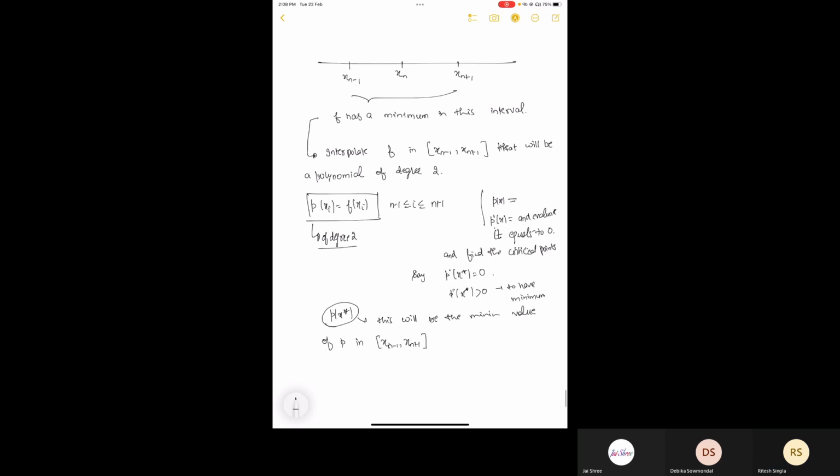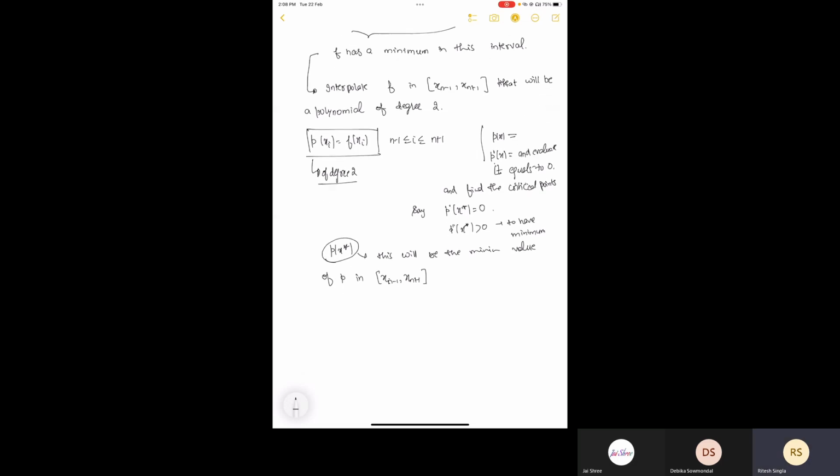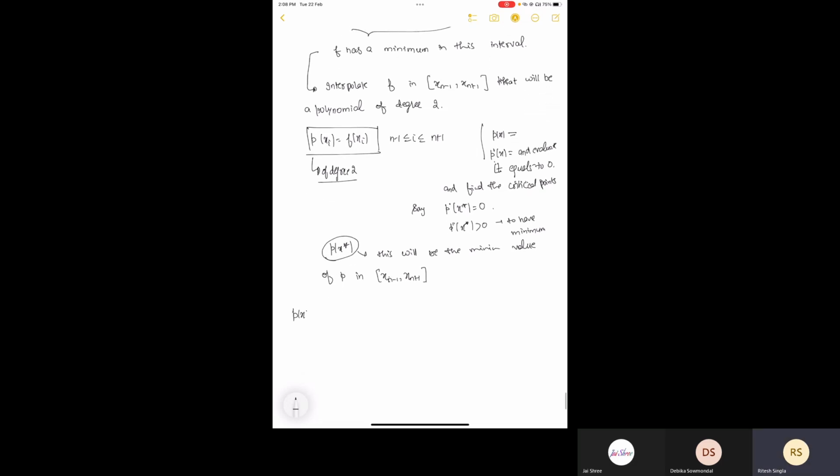Yes, sir. Okay. So let me do some basic calculation here. So we know that p of x will be nothing but f of x of n minus 1 plus x minus x of n minus 1 times Delta f of x of n minus 1, plus x minus x of n minus 1 times x minus xn times Delta square f of x of n minus 1.